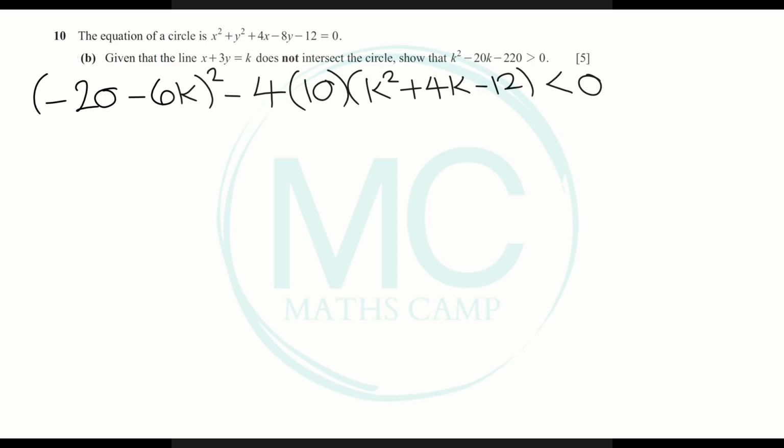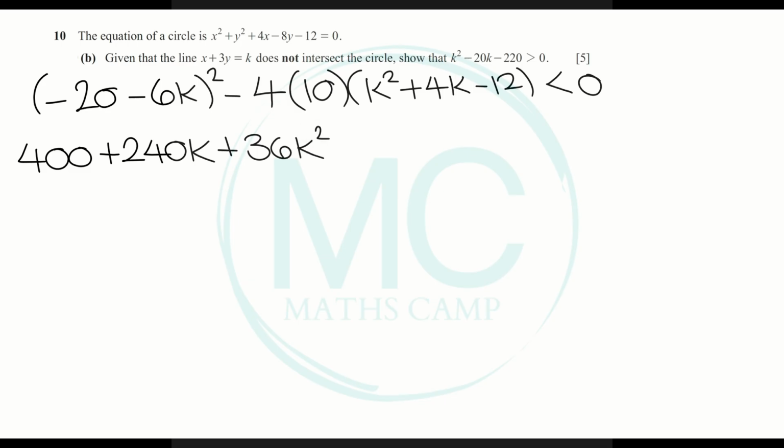Negative 20 squared gives me 400. Negative 20 multiplied by negative 6k gives me positive 120k. So this becomes positive, we need to double it, so 240k plus 36k squared.